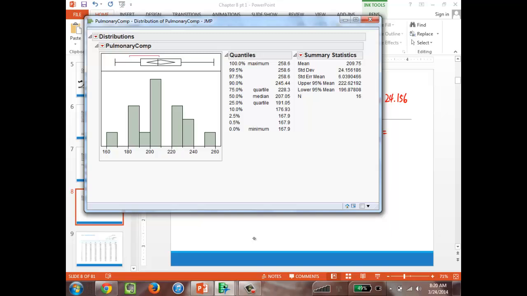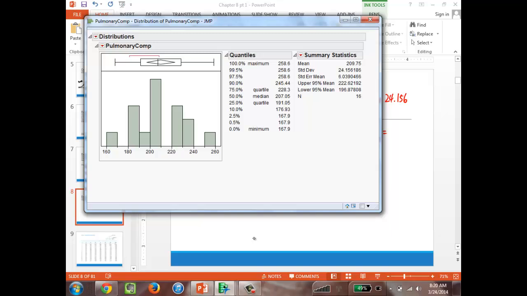Yeah, that's another good way to check. Here you can see the median is 207. That's pretty close to the mean, and when the mean is about the same as the median, then you have something that's pretty symmetric.